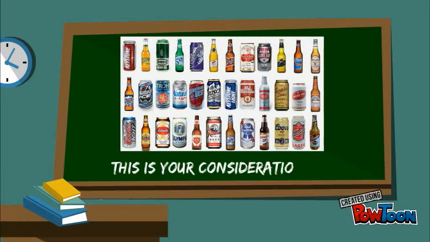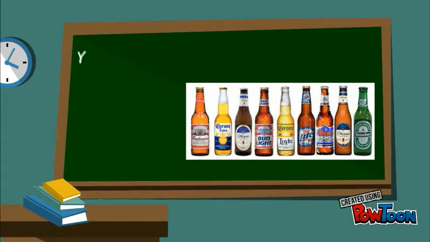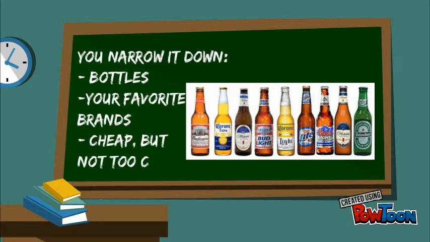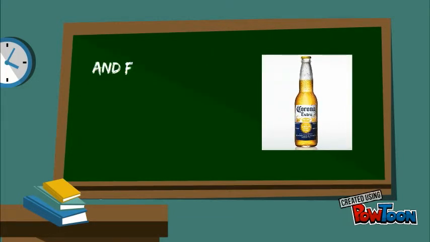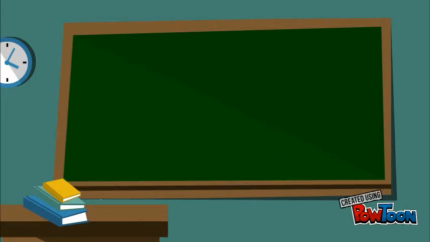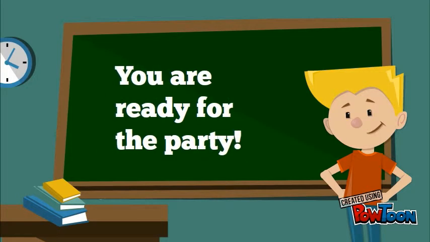This is your consideration set. You narrow it down: bottles, your favorite brands, cheap but not too cheap. And finally, you make your decision and buy a case of beer. You are ready for the party.